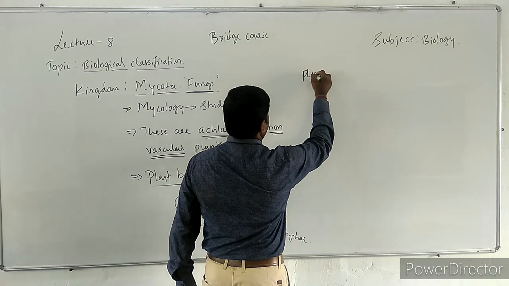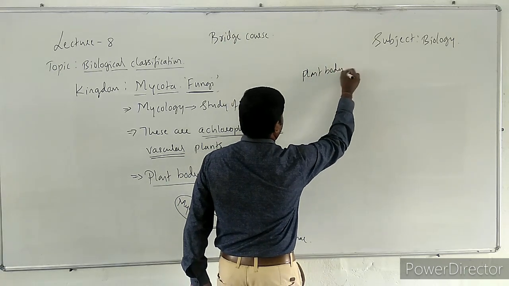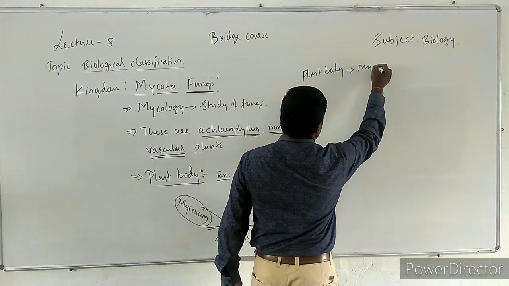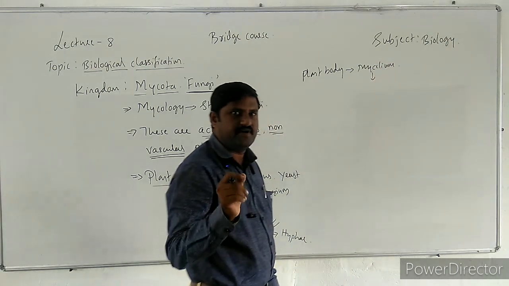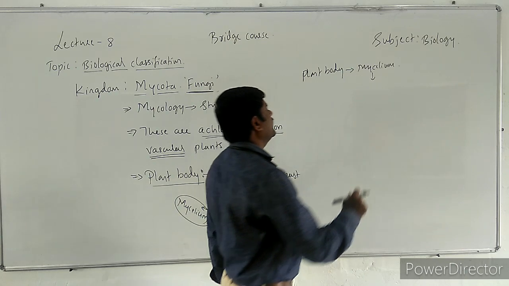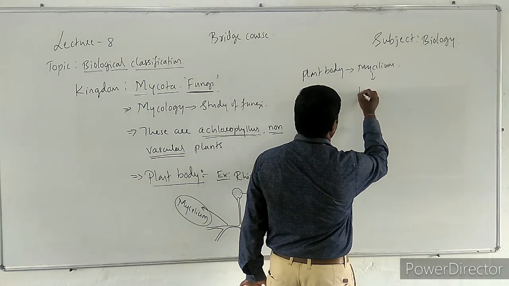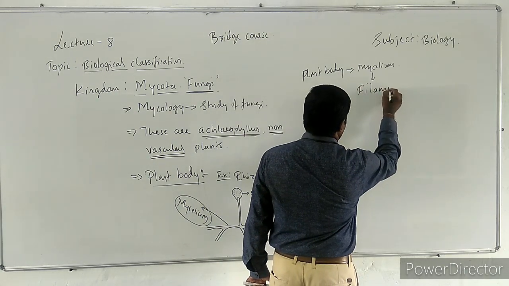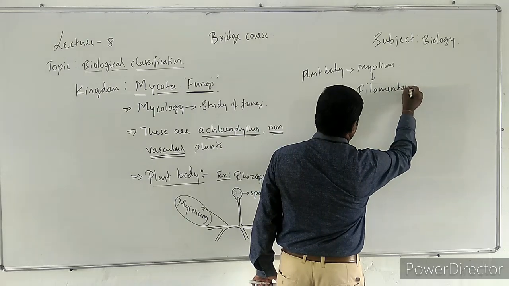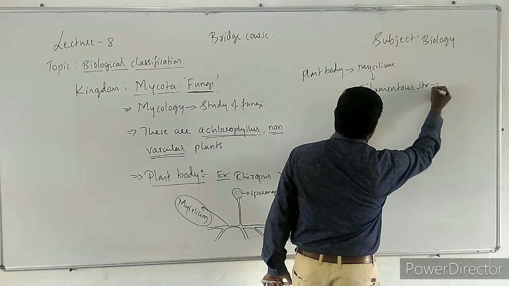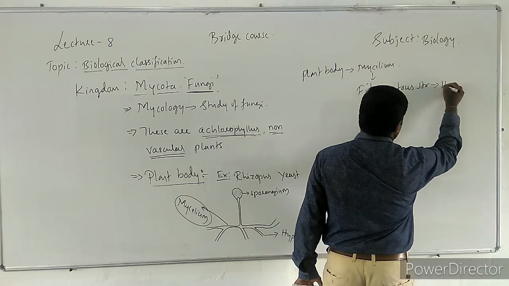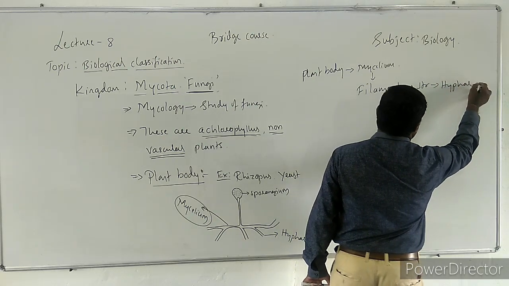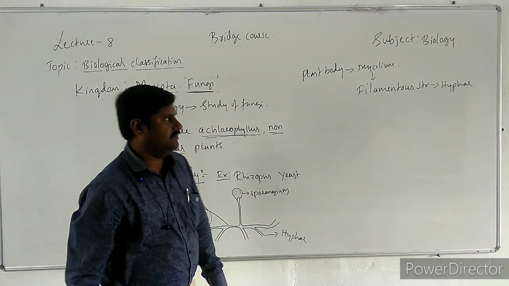Plant body is called mycelium, and mycelium is made up of many network-like or filamentous structures. Each filamentous structure of the mycelium is called hyphae.